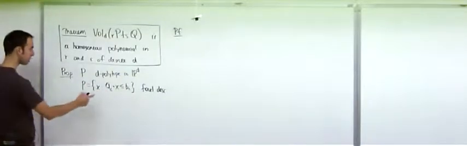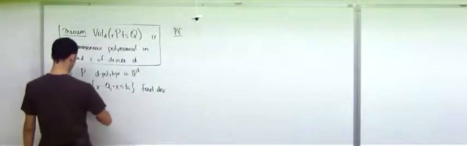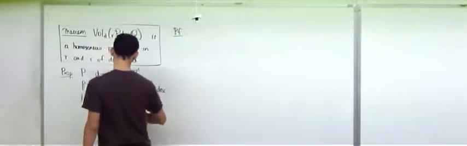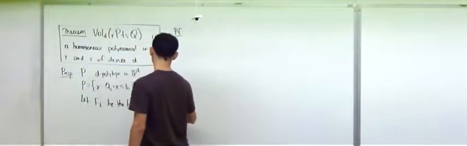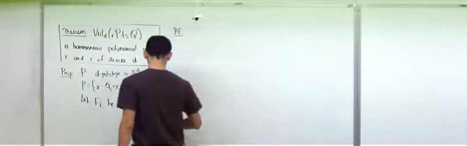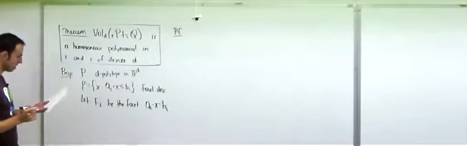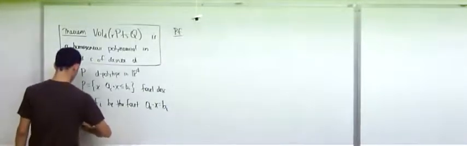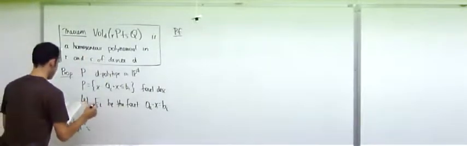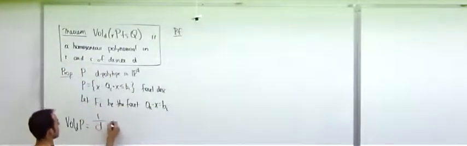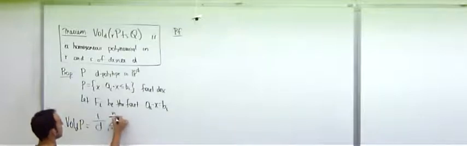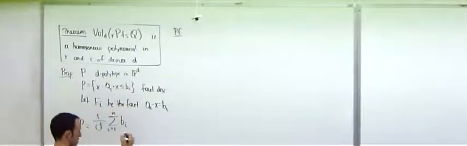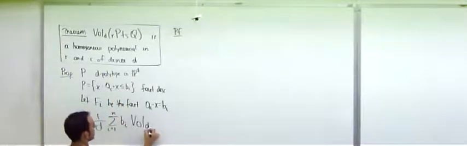Okay. And we said that Fi is the facet where the ith equality holds. And so then what we proved is that the volume of P is 1 over d times the sum from i equals 1 to n of bi, which is this bi, times the volume of the corresponding facet.